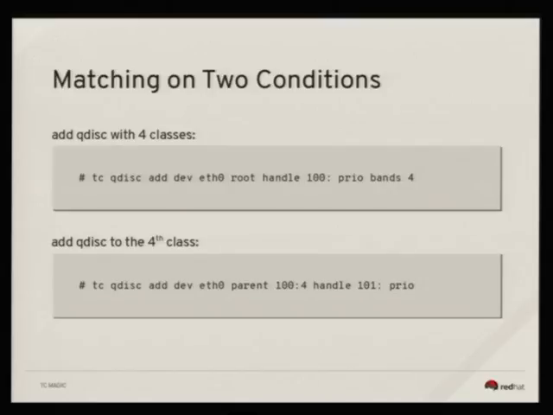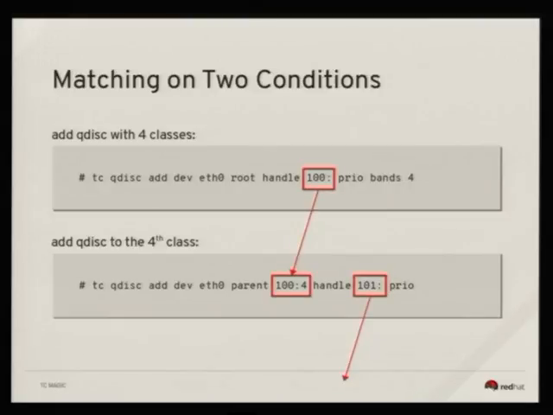So we add the prio Qdisc and specify that we want 4 classes. Right, this is a bit of a hack, and I won't get into details. I just say we have 4 classes, and we will use the 4th one for our purposes. So we attach a new Qdisc to the 4th class, and this is the second command.